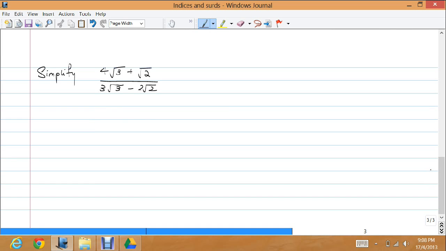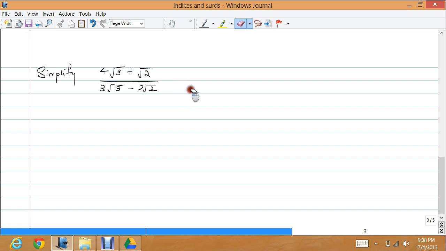Let's look at a second example. In this case, I want to simplify a fraction which consists of surds in both the numerator and denominator. When we want to do this, we normally try to get rid of the surd in the denominator. This will help us manage it better so that I can use it for further calculations. It's harder to work with surds in the denominator.